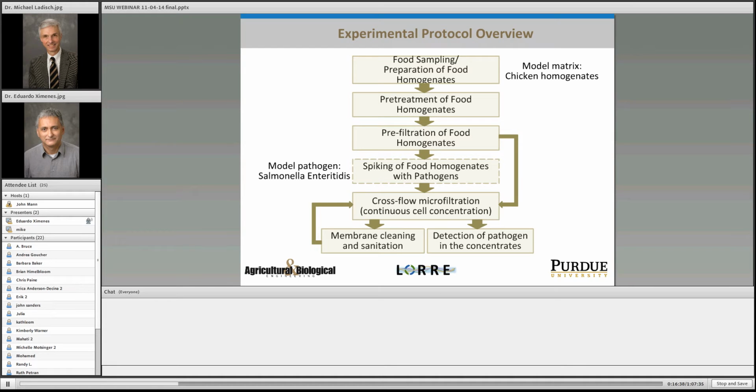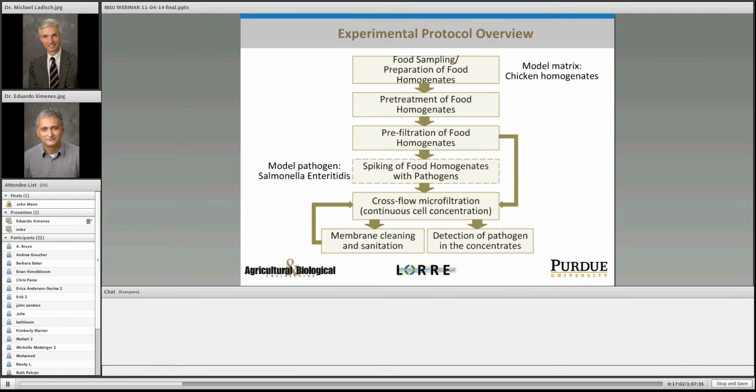But in some cases, for example, for chicken carcass, following USDA procedures, we generate a rinse.